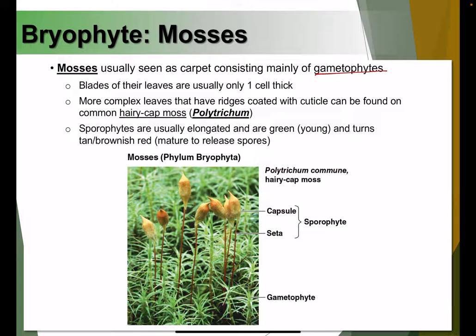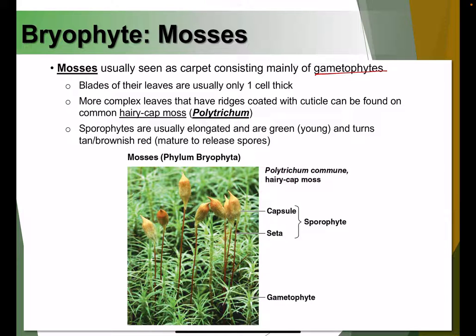If you have ever seen moss on top of a rock, you can tell that it is not very thick. More complex leaves that have ridges coated with cuticle can be found on the common hairy cap moss, in this picture right here, called Polytrichum.